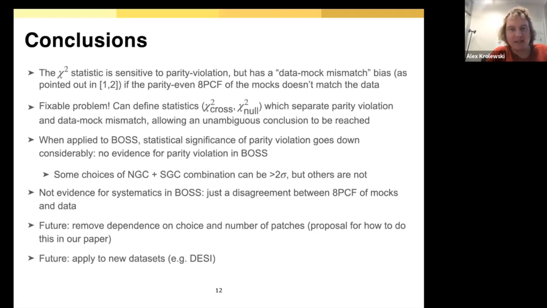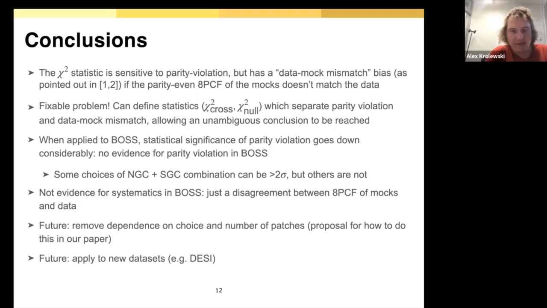When we apply these new statistics to BOSS, the statistical significance of the parity violation signal goes from about 7 sigma to about 2 sigma. And this is not direct evidence for systematics in BOSS. It's just showing that there's a disagreement between the 8-point correlation function of mocks and data.